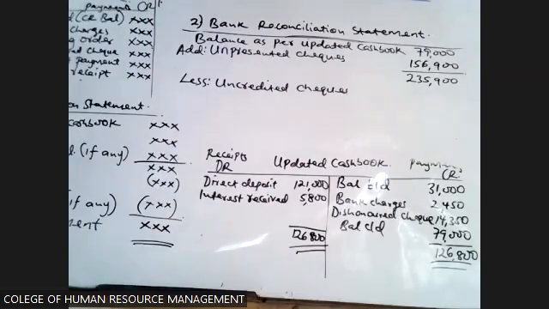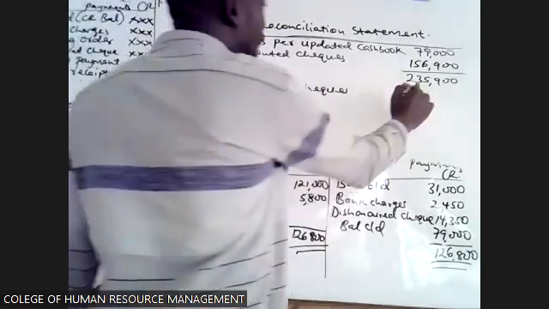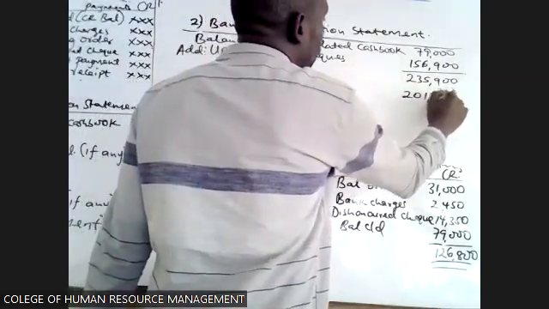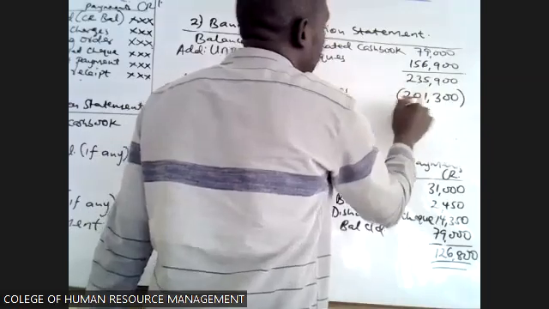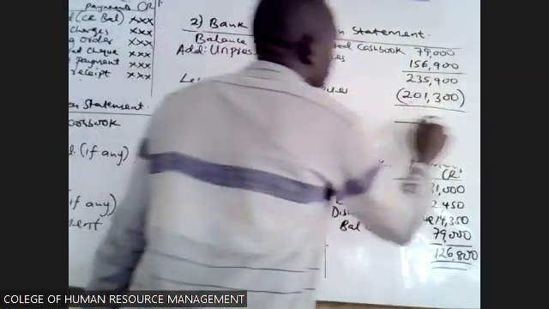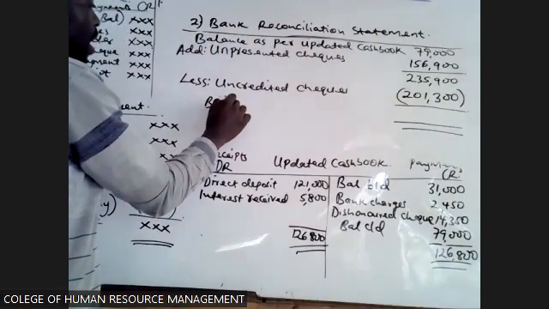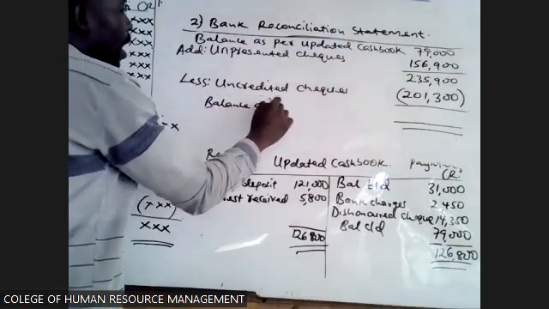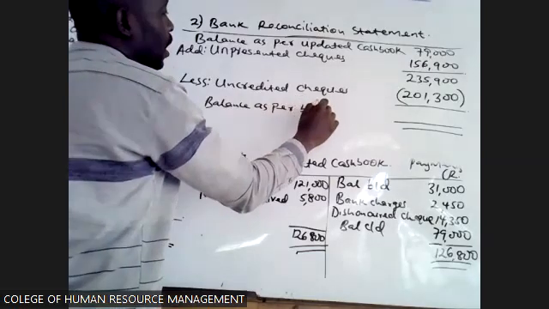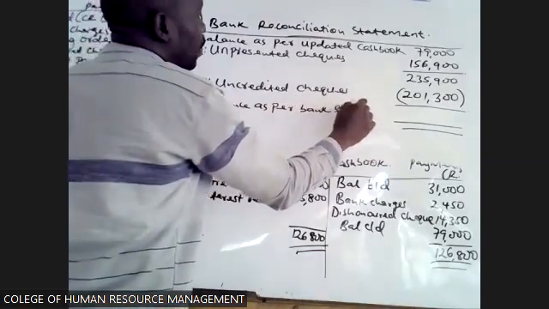Any check we deposit but it is not in the bank statement is uncredited. If you less that amount from 235,900, the figure we will get here is the balance as per bank statement.